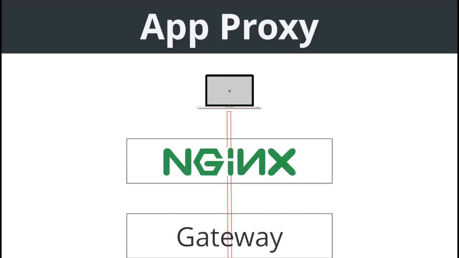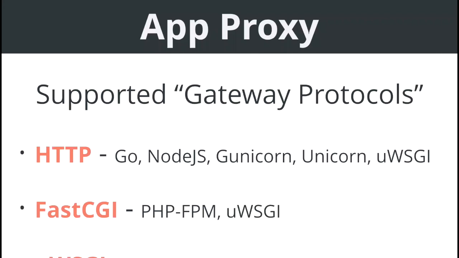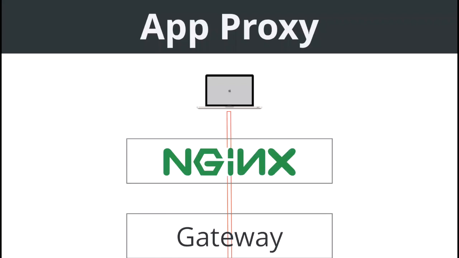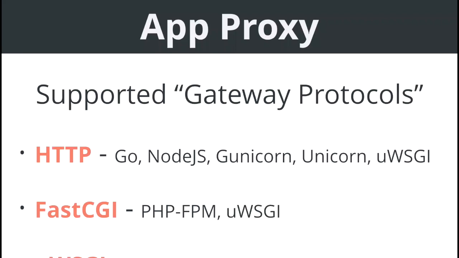So we'll see a few examples of gateways, and we'll talk about supported gateway protocols. So Nginx can talk to gateways, and the gateways talk to your application. What kind of gateways are out there? Well, before we even talk about the gateways specifically, we talk about the protocols the gateways speak.